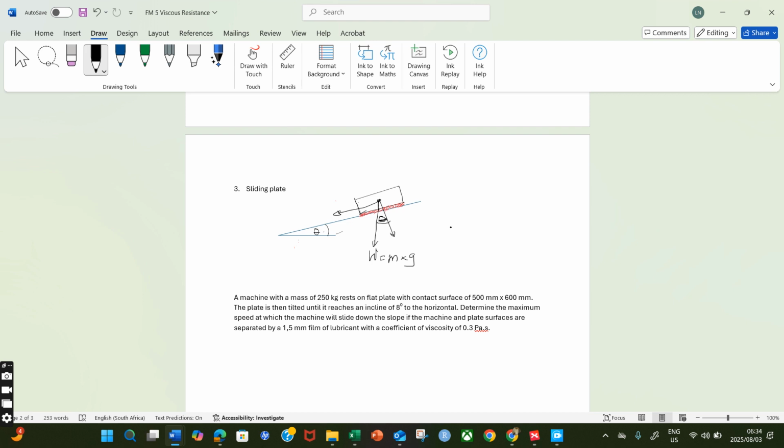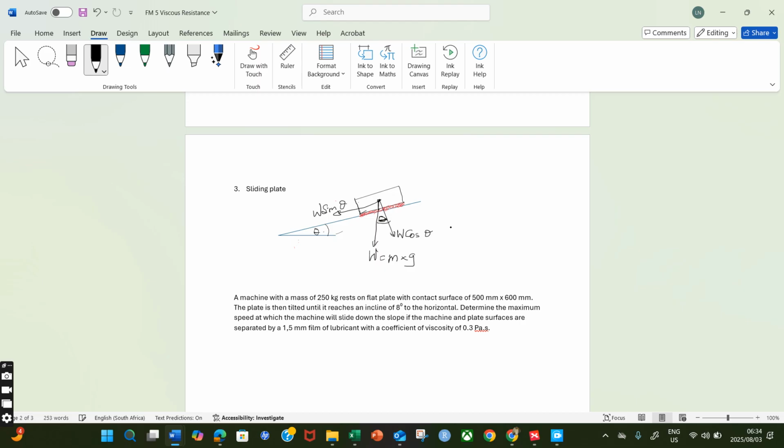This component here is given as W cos of the angle, and that one there is W sine of the angle of the slope.